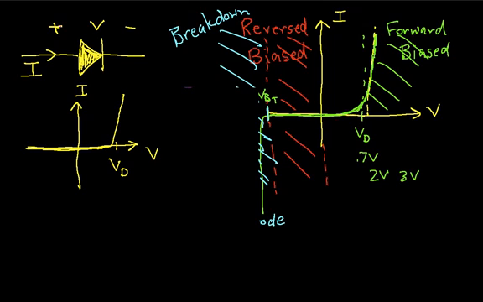So that's basically representing this part of the curve. And the slope here is a value 1 over R sub D, and R sub D is essentially the resistance of the diode at the operating point.